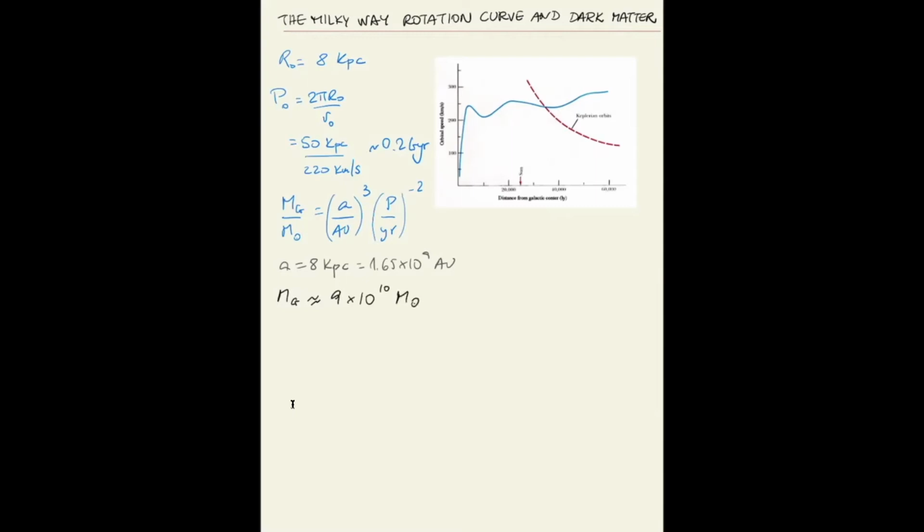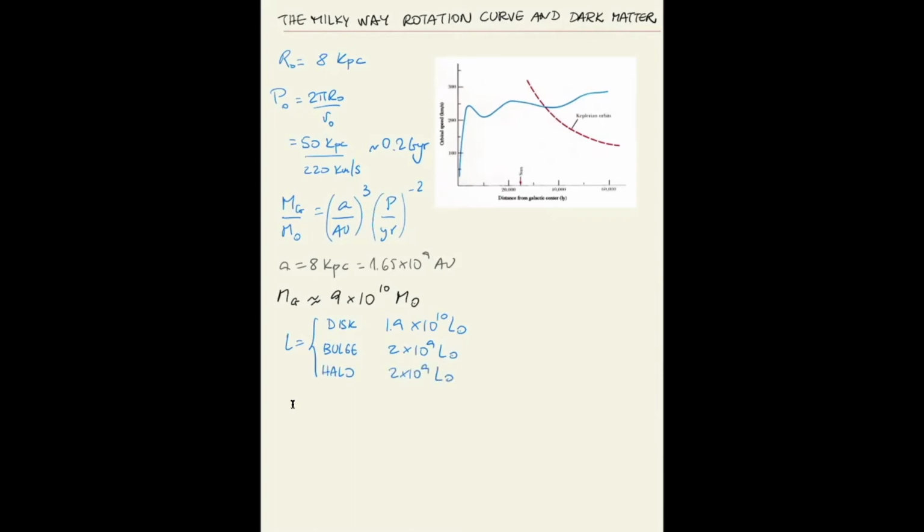So 90 billion solar masses is a lot of matter, of course, especially when you consider what the total luminosity of the galaxy is. The luminosity of the Milky Way is broken down into the luminosity of the disk, which is about 1.9 times 10 to the 10 solar luminosities, the luminosity of the bulge, which is about 2 times 10 to the 9 solar luminosities, and the luminosity of the halo, which is also about 2 times 10 to the 9 solar luminosities.